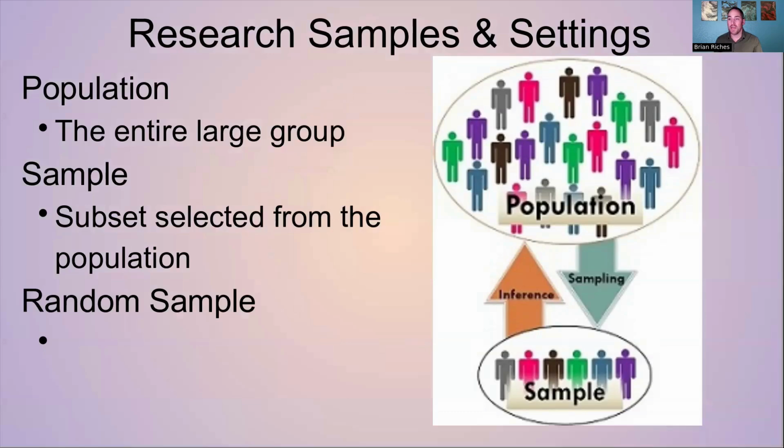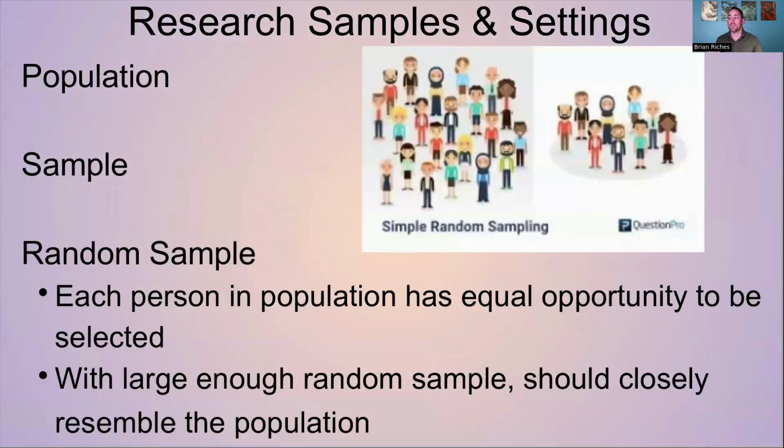Now with this, a random sample is better. So a random sample is when every single person in the group has an equal possibility to be selected. That's a really good thing because then I will hopefully, especially with a big sample, so let's pretend we've got a whole population of 10,000 people.